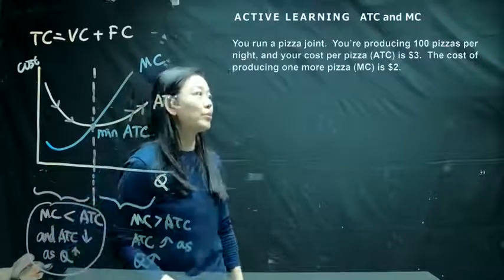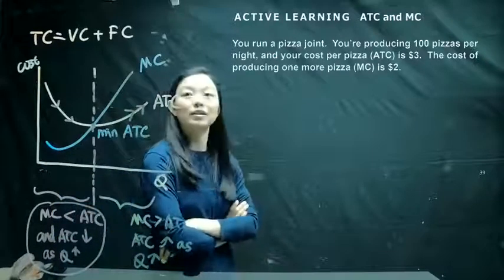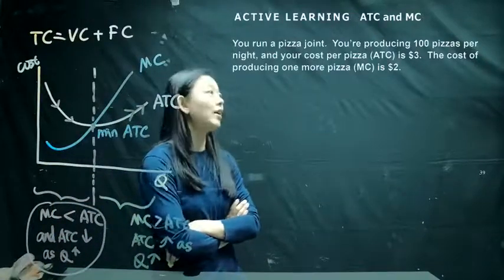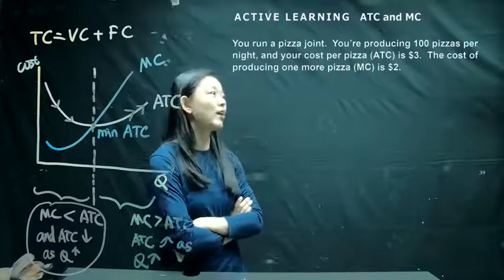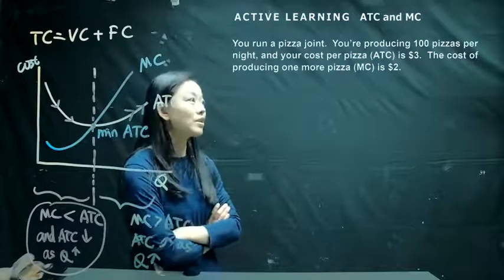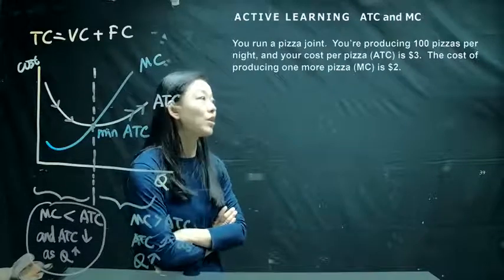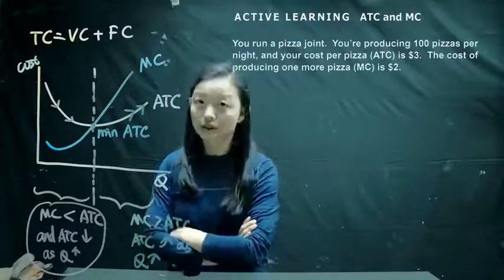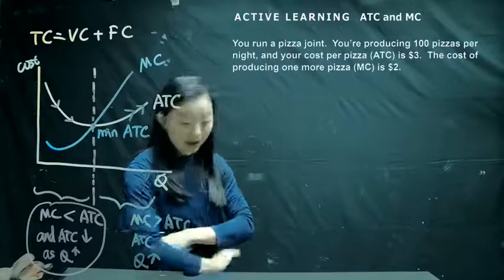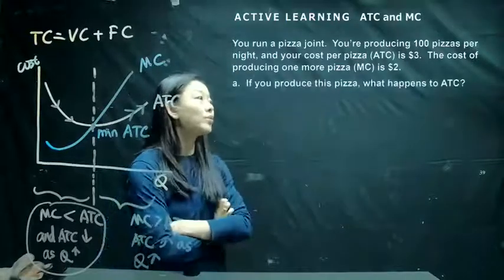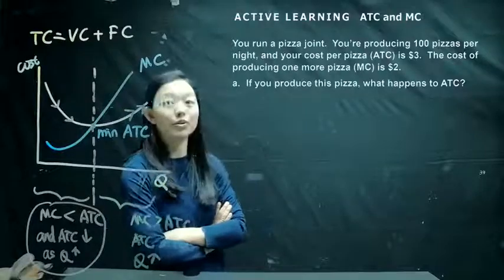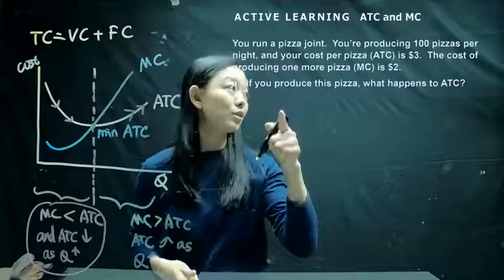So for example, if you run a pizza store and you are producing 100 pizzas per night, your average cost of the pizza is $3. The cost of producing one more pizza is $2. If you produce this pizza, what will happen to the average total cost? Look at this question.